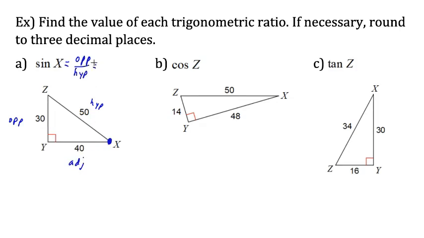Now, since sine is opposite over hypotenuse, we are not interested in the adjacent leg in this case. We want the opposite leg, which is 30, over the hypotenuse, which is 50. And we're going to write this as a decimal. And 30 divided by 50 equals 0.6.